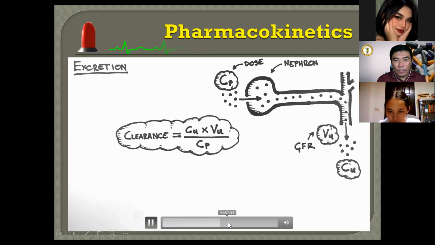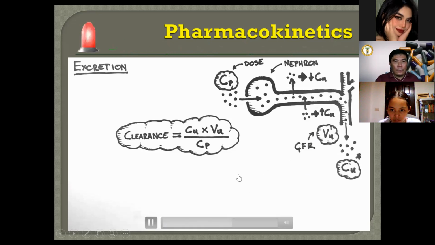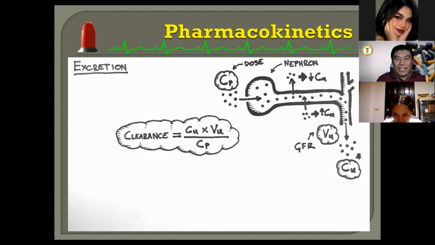People with kidney disease have a low glomerular filtration rate and also reduced clearance of the drug. An example of a drug that is actively secreted into the nephron is penicillin. The penicillin is an antibiotic.